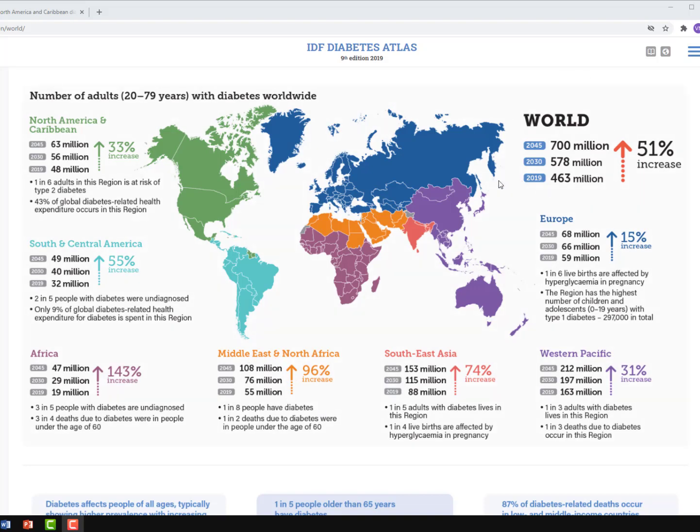Now, as the whole world, there are currently more than 463 million people, and after another 10 years, it's going to be 578 million people that are going to be diagnosed with diabetes. And imagine, another 15 years from then it is going to be 700 million. That's a 51% increase. All right, so this is very scary. We have to treat this seriously.